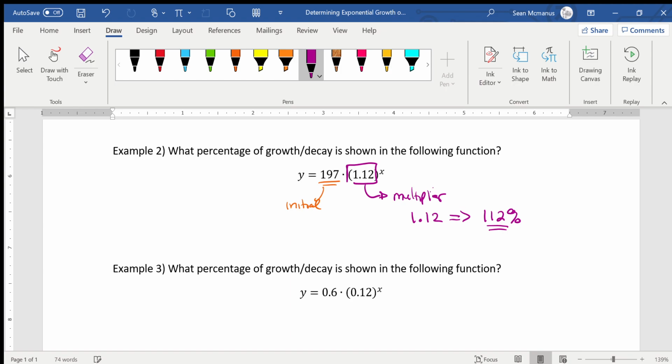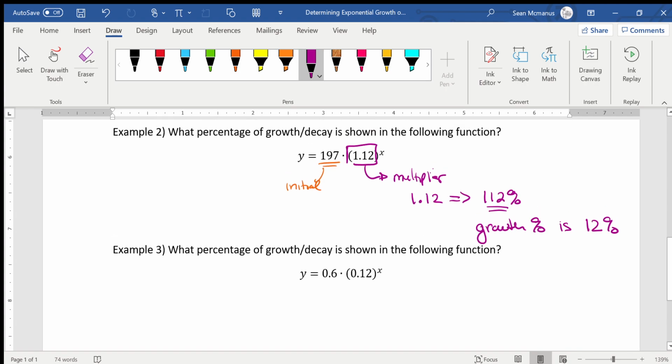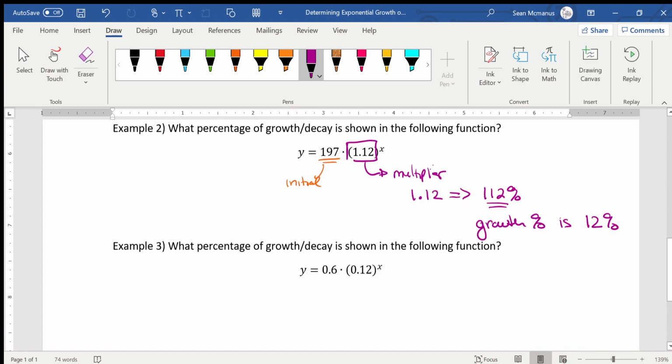So if our multiplier is 1.12 or 112%, that means our growth percentage is 12%. It's 12 higher than 100%. And in our next video, we're going to look at a more formal way to do this, but this is just to get us started here.